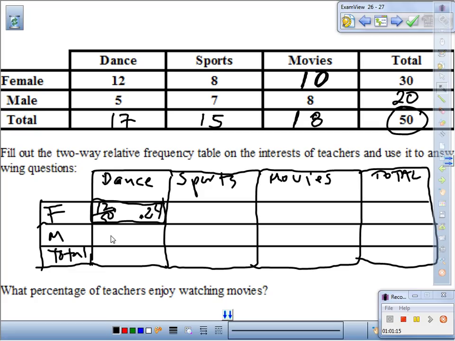Next. Next, male, 5 over 50, which is 0.10.